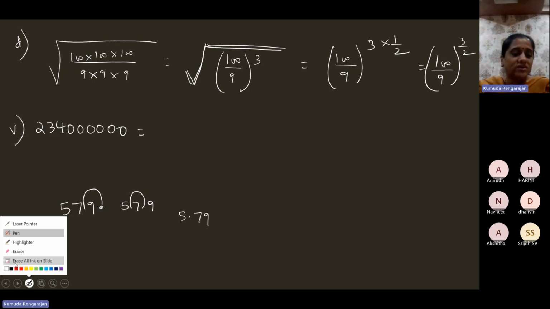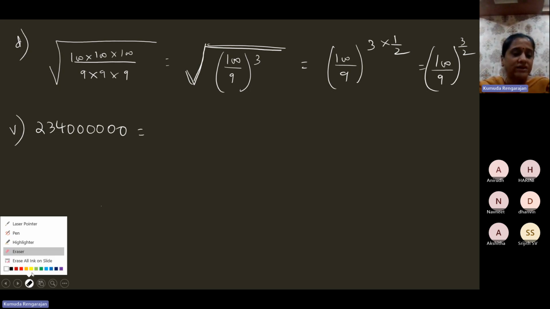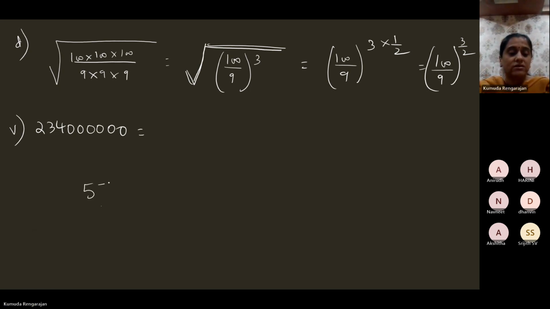So how does this number 579 become 5.79? When we shift the decimal point to the left by two places. See from here, 1, 2.